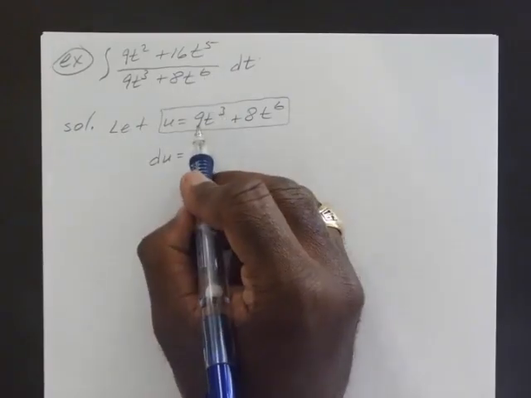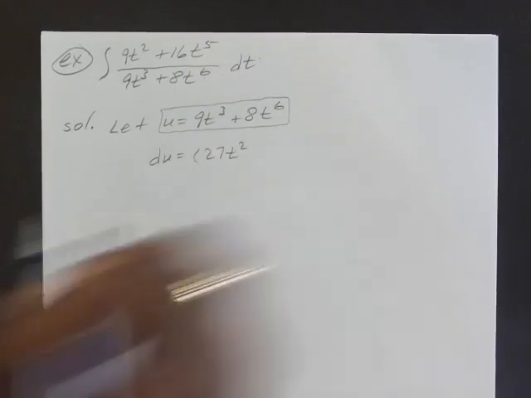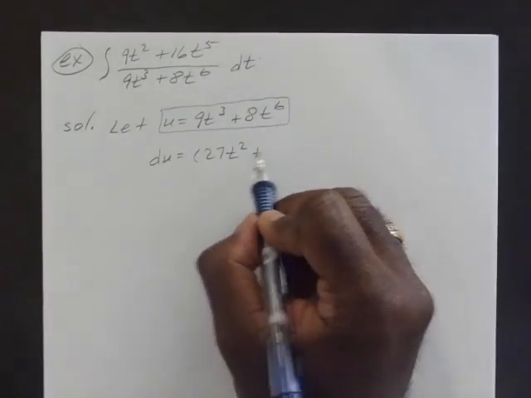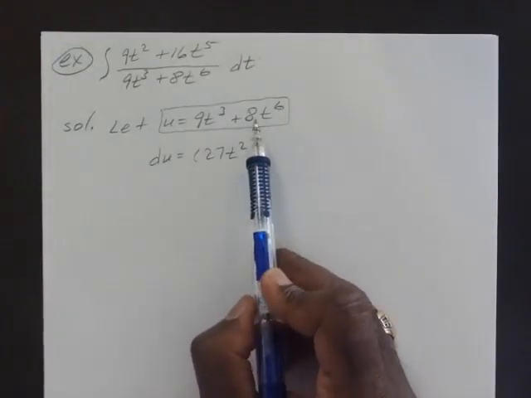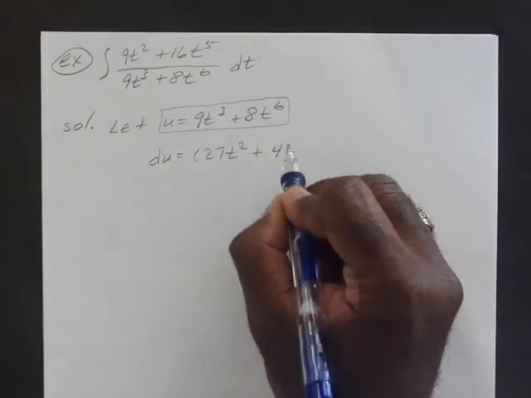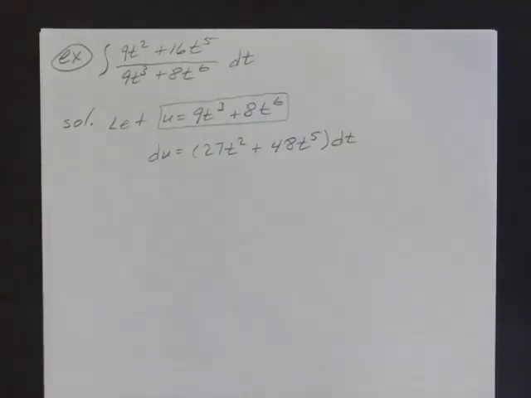So if we bring down the 3, that gives us 9 times 3, which is 27t squared, plus 8t to the 6th power, bring down the 6, 8 times 6 is 48, t to the 5th power, with respect to t. So we can see there it doesn't match our numerator. But if we factor out a 3, it will.